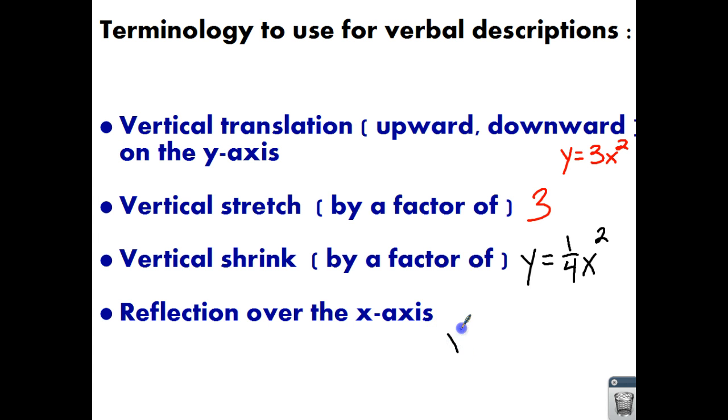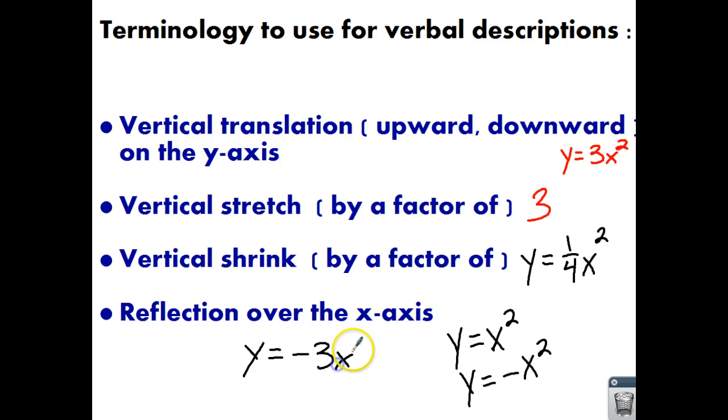So if the parent is equal to x squared, then the reflection of the parent is the negative x squared parent. And again, that number in front, that coefficient, it could be any of the examples above. Maybe we have y is equal to negative 3x squared.